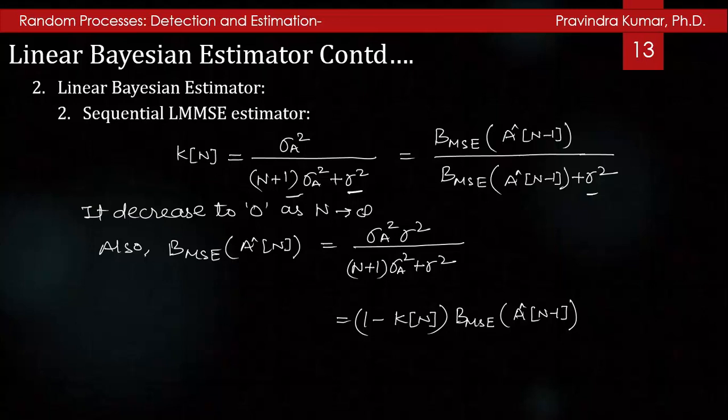So BMSE of A cap n is sigma A square sigma square divided by n plus 1 sigma A square plus sigma square, and you can write it as 1 minus Kn, the scaling or gain factor, into BMSE of A cap n minus 1.